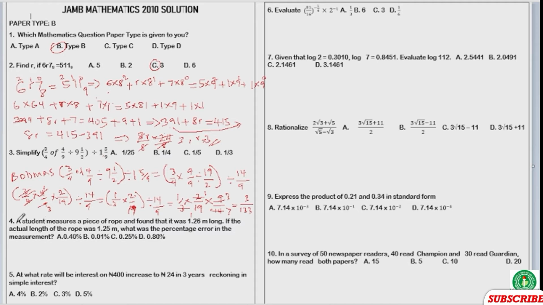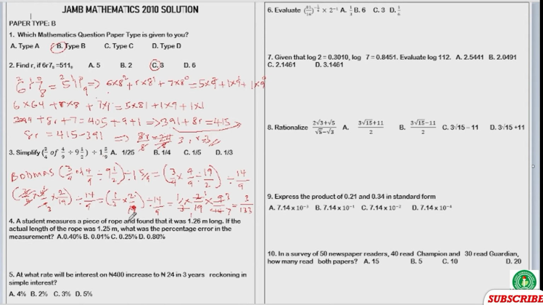A student measured a piece of rope and found that it was 1.26 meters long. If the actual length of the rope was 1.25 meters, what was the percentage error in the measurement? This question is on error.